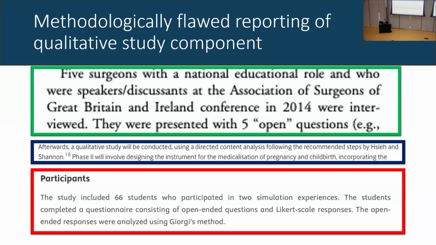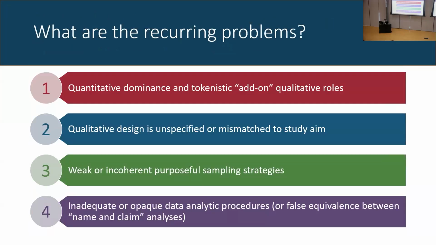So these are the challenges in the literature. And if I'm going to summarize those challenges, really, what are the recurring problems in the reporting of mixed methods, or the design even of mixed methods studies at the protocol stage, is that in many fields, and particularly in health, in different disciplines or fields, we may still see quantitative dominance, and the qualitative is just an add-on.